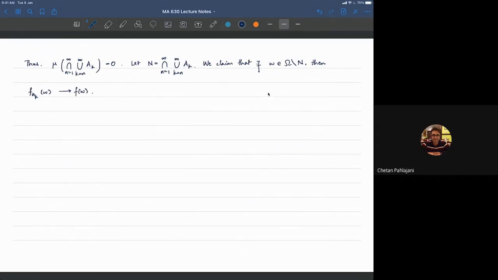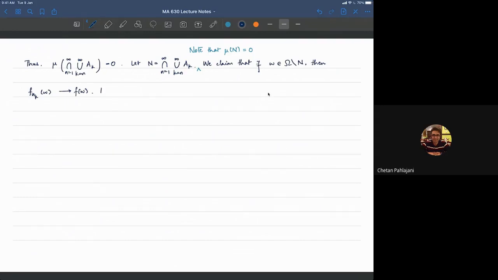Okay, let me just sneak in a note here. Remember, N is a null set, okay? N is just this set right here. We have given it a name. Okay, so mu of N is 0. So we claim that if omega is outside of N, so it is in Omega minus N, then f_{n_k} of omega converges to f of omega. Let's check that this is true.